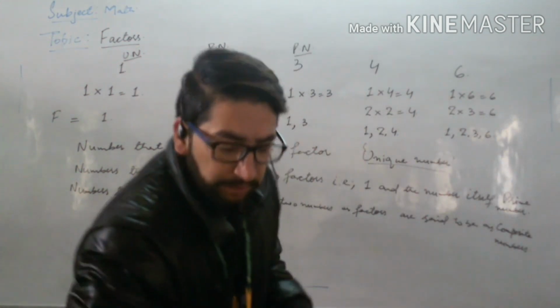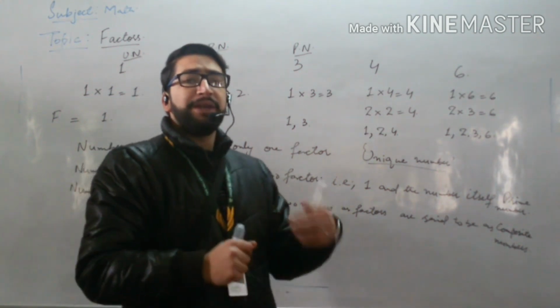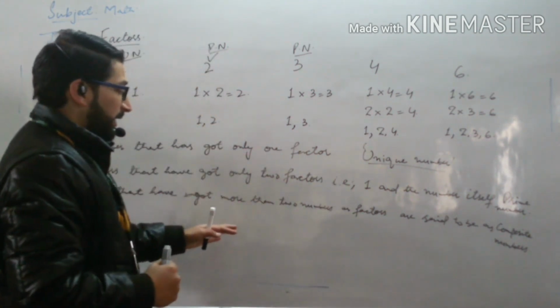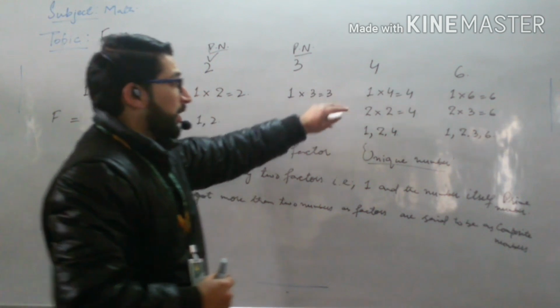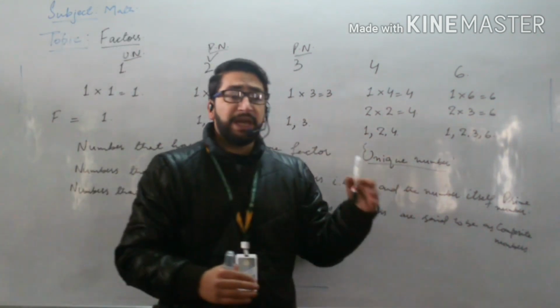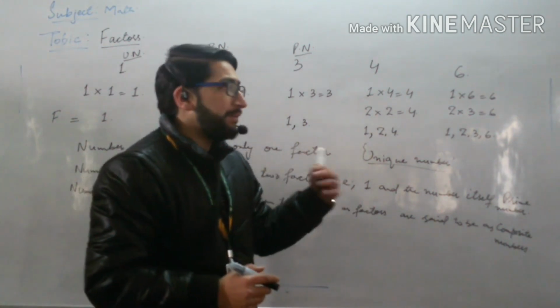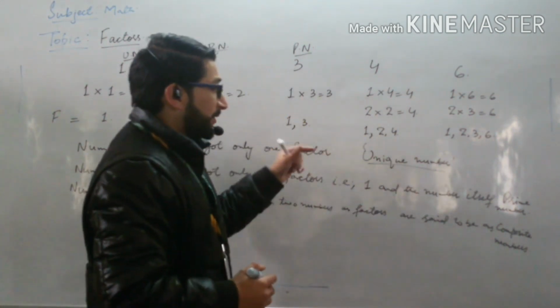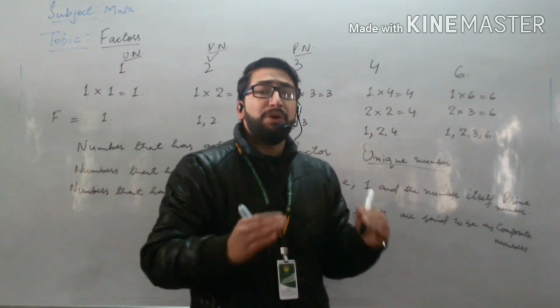So those numbers which have got more than two factors, here in that case we have the number 4 which has got more than two factors. It can be 3 factors, it can be 4 factors, or it can be many more factors. But here their factors should be more than 2.